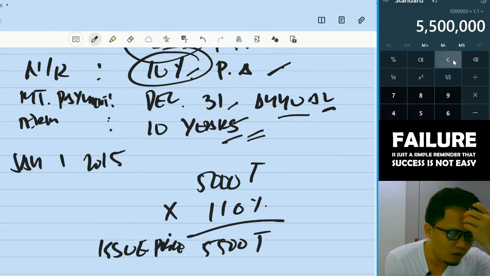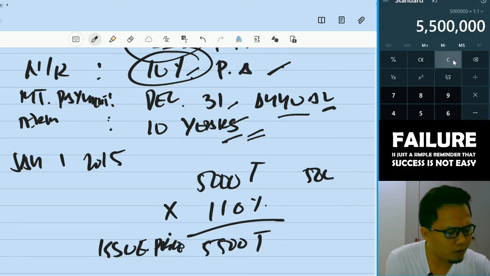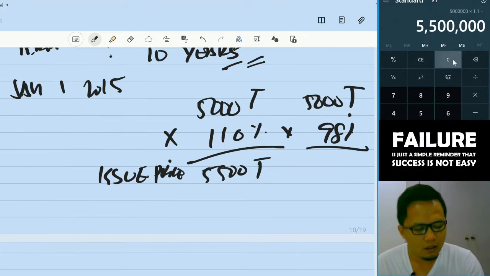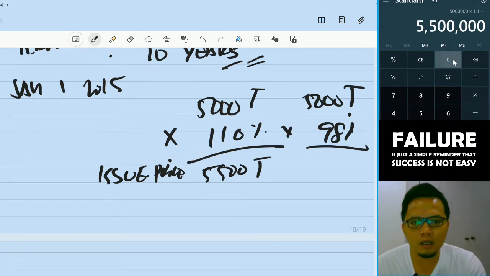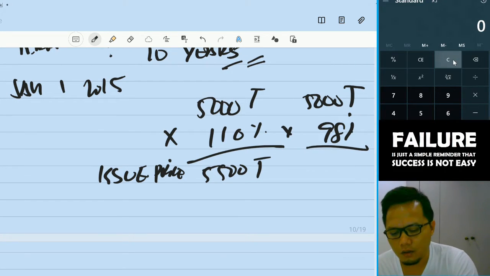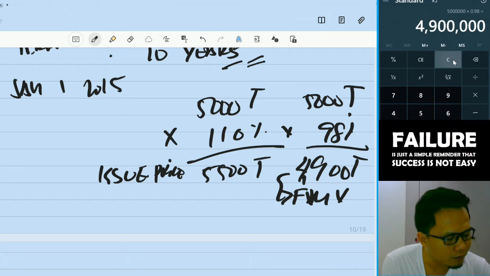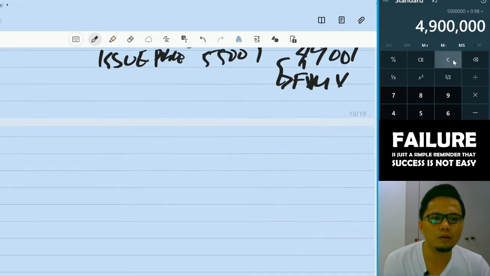The fair market value is computed as the face amount multiplied by 98%, so that is 5 million times 0.98, which is 4,900,000. So, this is your fair market value.